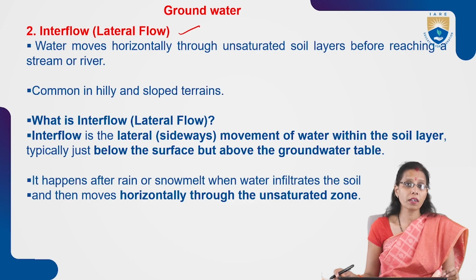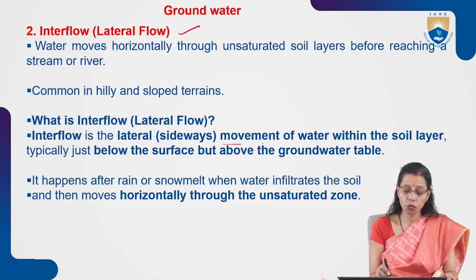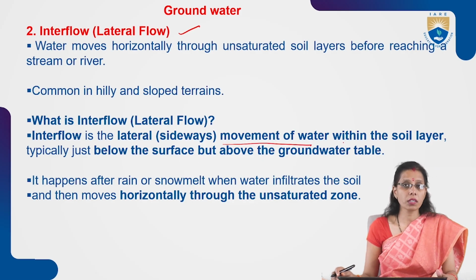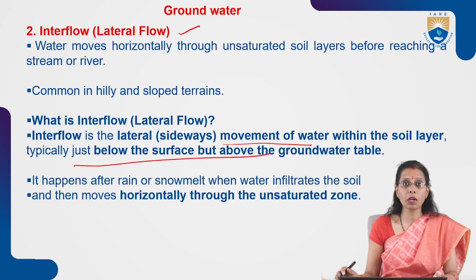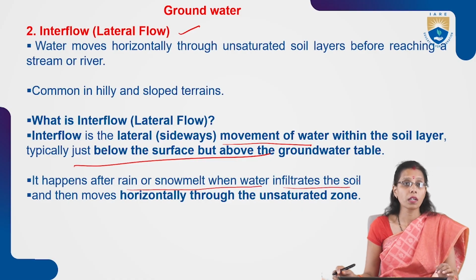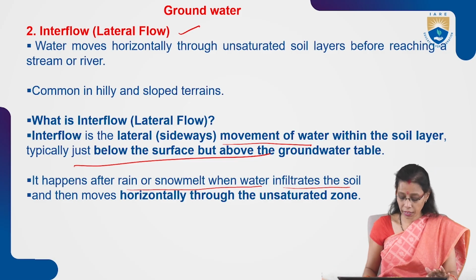So interflow is the lateral, sideways movement of water within the soil layers, typically just below the surface but above the groundwater table. It happens after rain or snow melt, when water infiltrates the soil and then moves horizontally through the unsaturated zones.